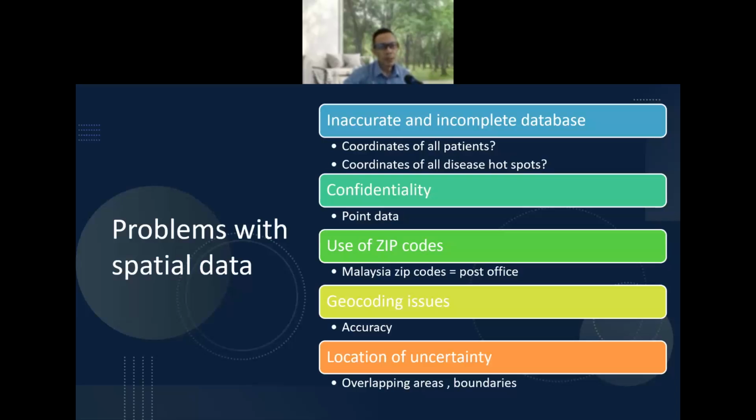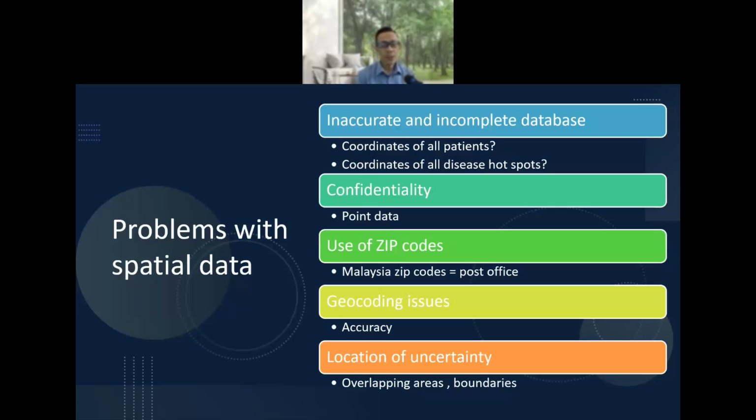These are the problems with spatial data. Number one, inaccurate and incomplete database. For example, if you want to do mapping of dengue infections in Kelantan, and we want to show the spatial distribution of dengue cases in Kelantan, if we have incomplete data, say 20% of dengue cases are not notified, we are missing 20% of cases.